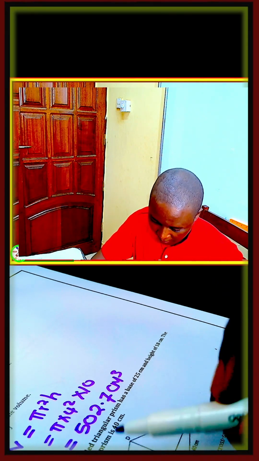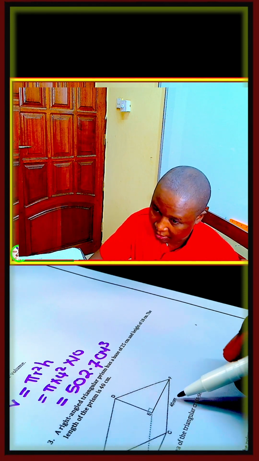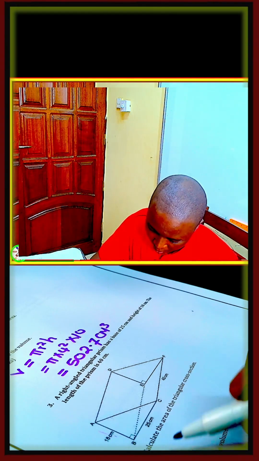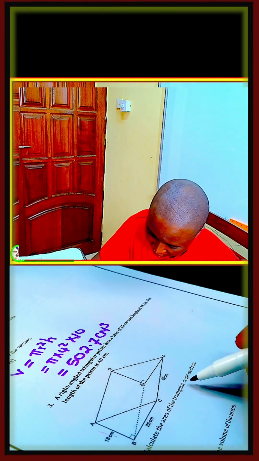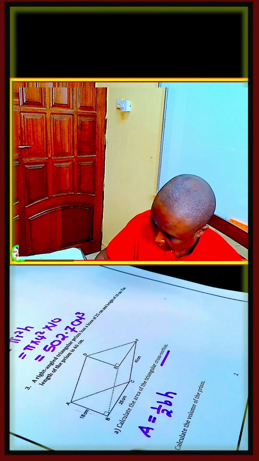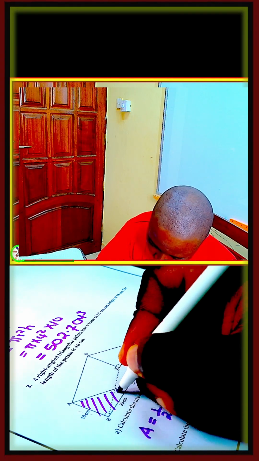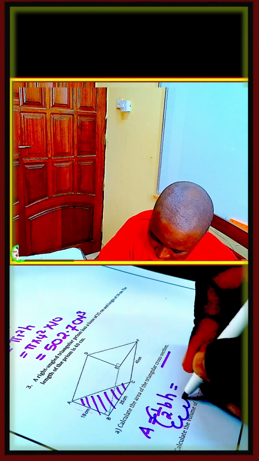We are told a right-angled triangular prism has a base of 25, a height of 18, and a length of 40. We are supposed to calculate the area of the cross-section. The cross-section area is going to be a half base times height, and you can see this is a triangle. So we are going to use this formula I've written here.